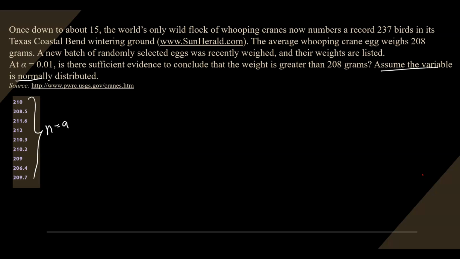The parameter drives the type of test I am going to be performing. We are talking here about the mean egg weight. We'd like to know whether the egg weight is greater than 208 grams or not.